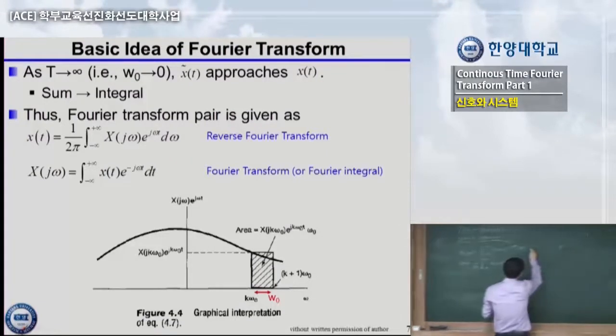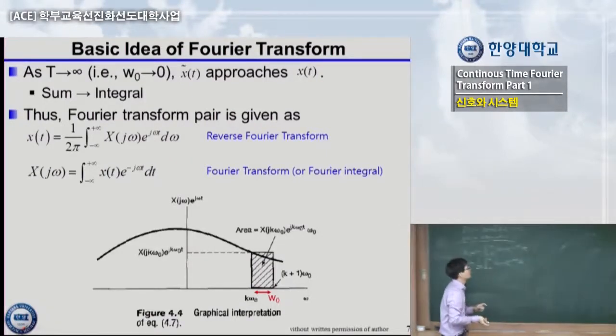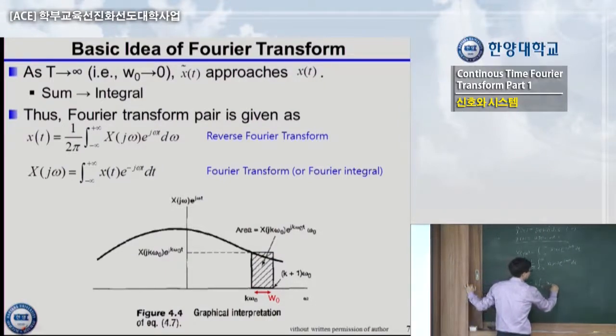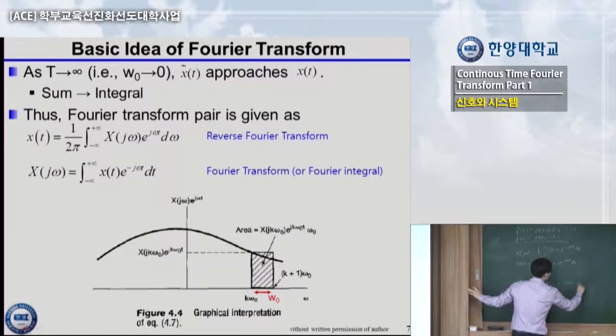So if you remember my claim, in case of Fourier series, a_k is given as 1 over T, integral over a period, of x(t) e^(-j omega 0 k t) dt.